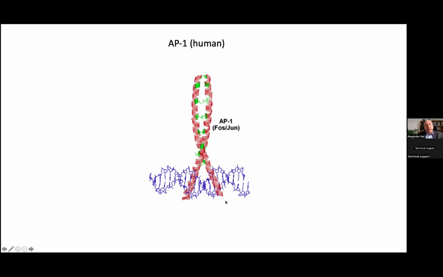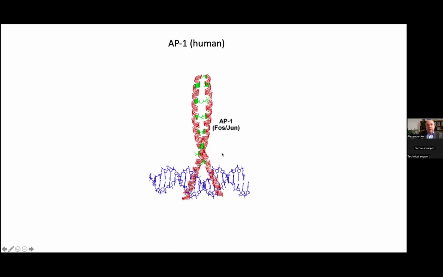We call them binding sites. Due to that binding, these transcription factors can anchor at the place, and then by the activation domains or other domains of those factors, they can interact with other factors, they can interact with the transcription machinery, and they can regulate expression of the genes.